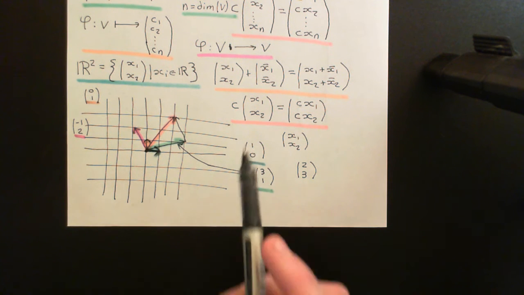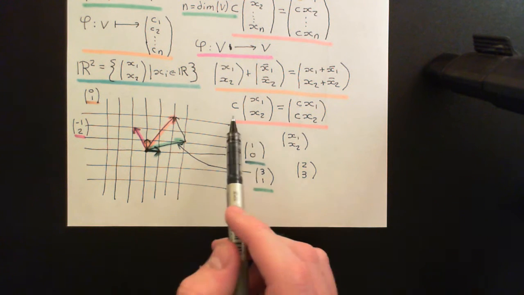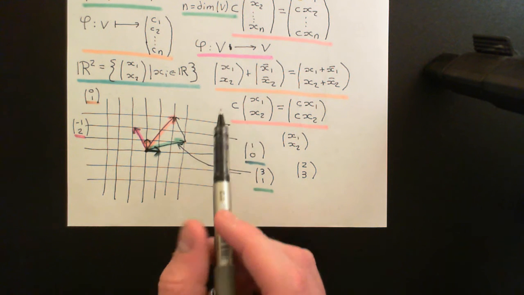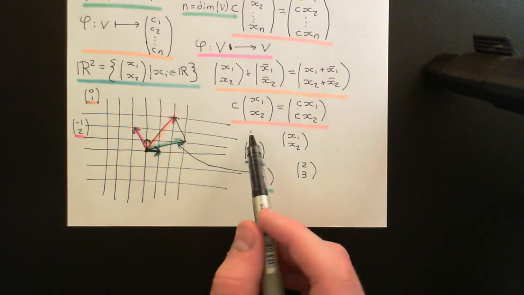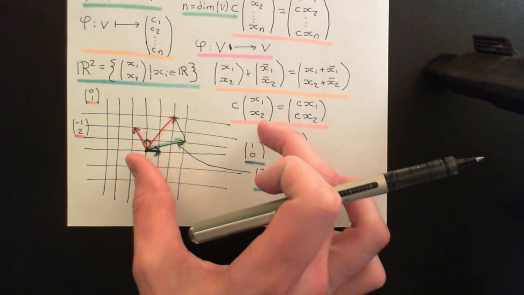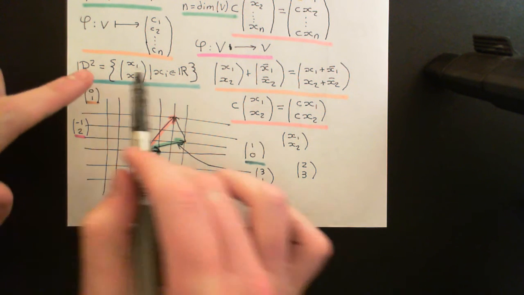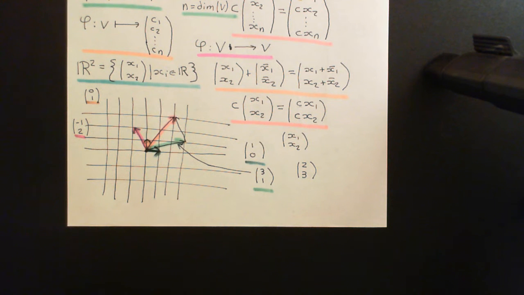In addition, scalar multiplication has a beautiful interpretation in terms of the picture. If you want to, for instance, scalar multiply a vector by 2, what you'll end up doing in terms of the picture is doubling the length of the vector but keeping it in the same direction. Okay, so scalar multiplication and addition have beautiful interpretations in terms of this picture, and that's the reason that we associate with these abstract symbols these position vectors on this grid.